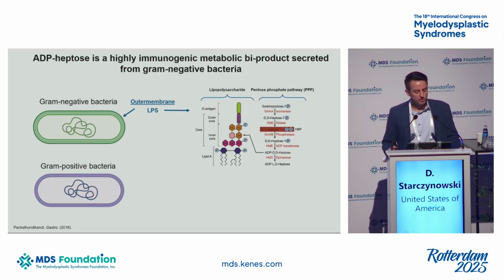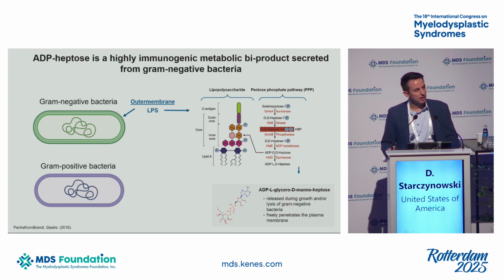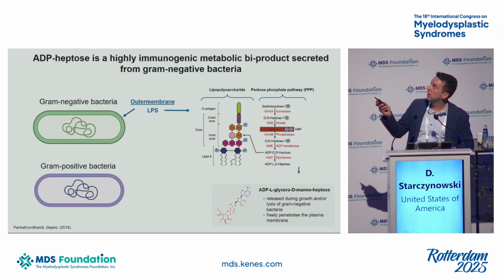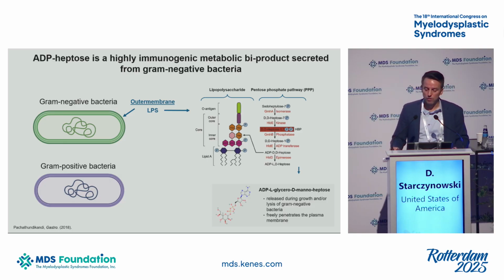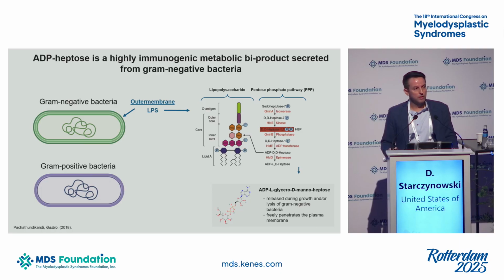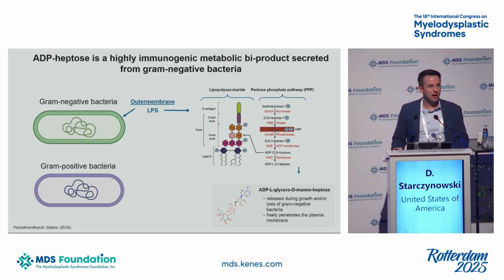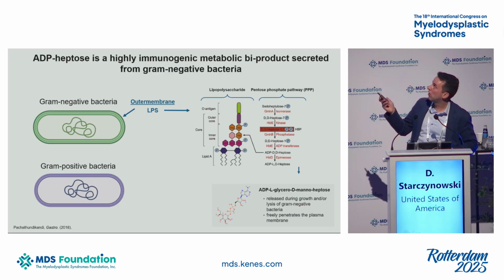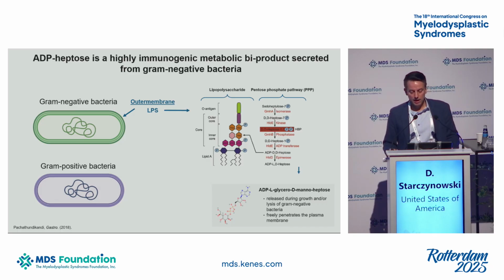A few years ago, a seminal study revealed that an intermediate of the lipopolysaccharide pathway, which generates part of the inner core through the pentose phosphate pathway in bacteria, produces a highly immunogenic byproduct called ADP-heptose. ADP-heptose is a byproduct of LPS generation, but it's released during not only the growth but also lysis of gram-negative bacteria and can freely penetrate mammalian cells.